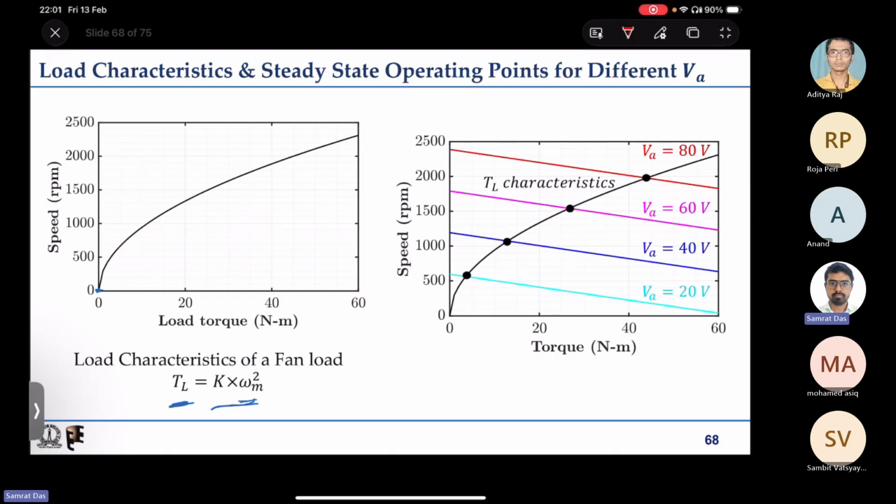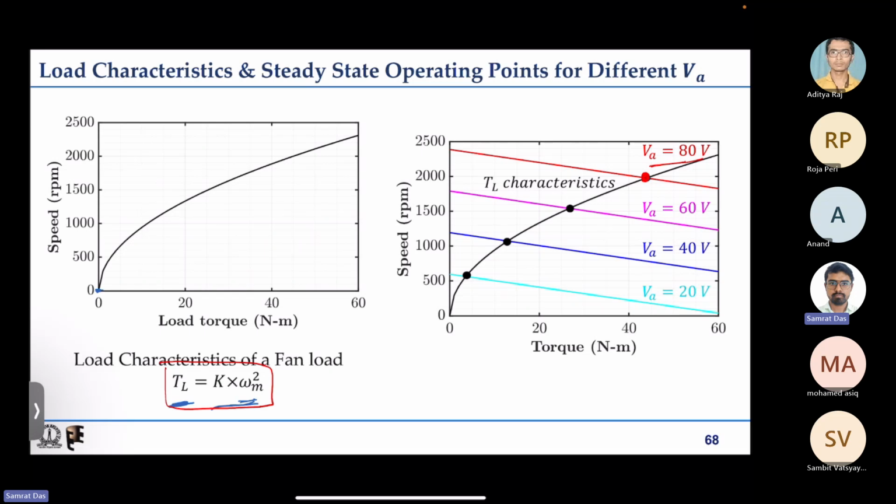Wherever the load characteristic and the motor characteristic for the given inputs intersect, that is the steady state operating point of the motor. For example, if 80 volt is applied across the motor, then this red line is the motor characteristic, and the load characteristic is a single characteristic that does not change. So wherever they intersect, that is the operating point.